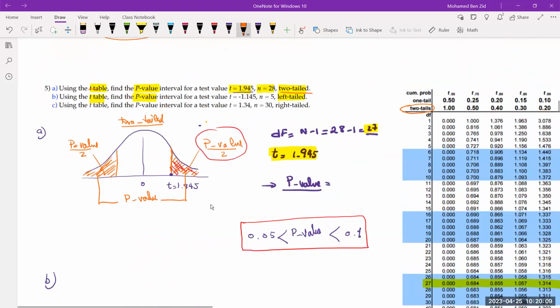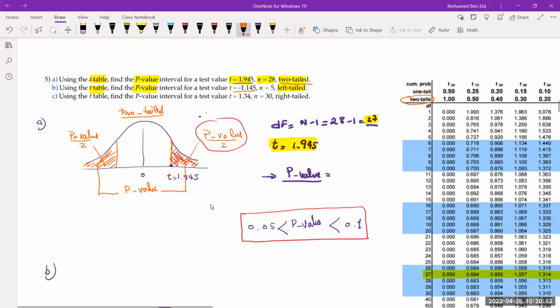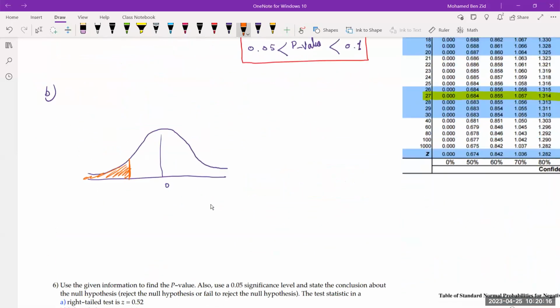And do notice here that the value is negative, so minus 1.145. This is the value on the t-axis, and this is the totality of the p-value. Whenever you are using one tail, that's going to be the totality of the p-value. Two tails, only half. This is the left tail.